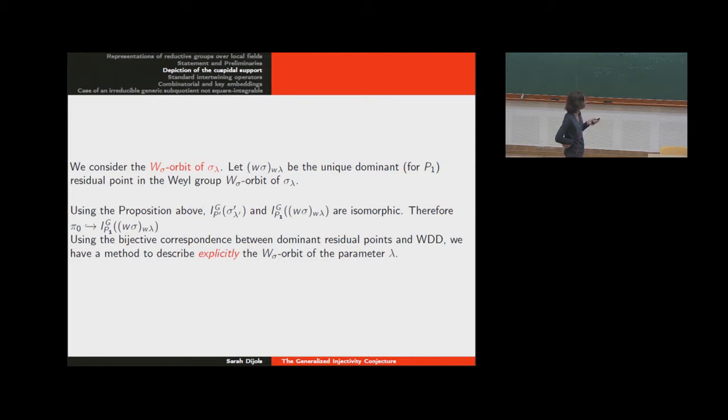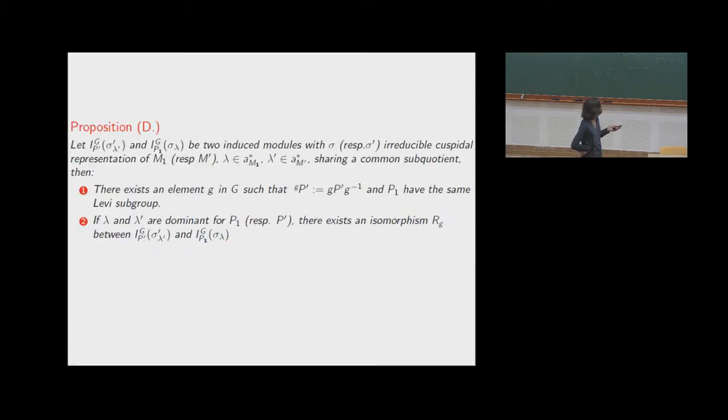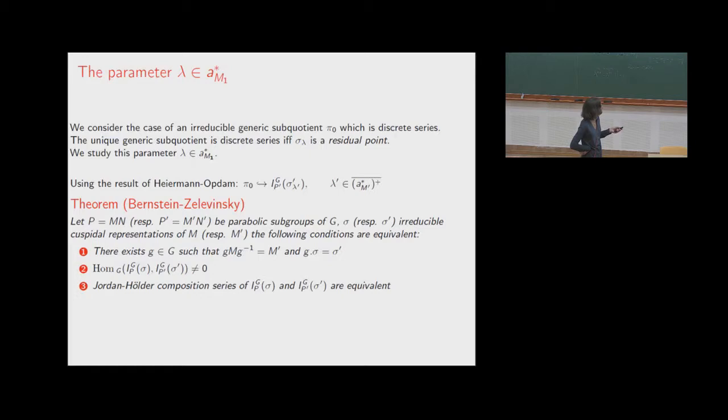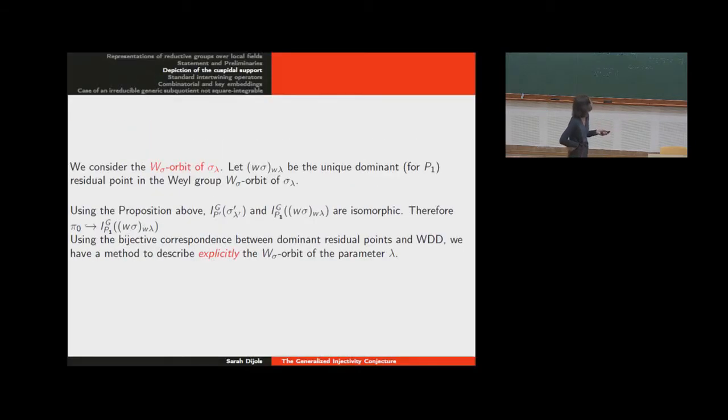And by the above proposition, there is an isomorphism between this induced representation and the one I first embed my generic subquotient in. And now I know that I can describe this one using the Weyl-Dynkin diagram. I am in the orbit of the sigma lambda, and I am dominant, so I can use this Weyl-Dynkin diagram description.